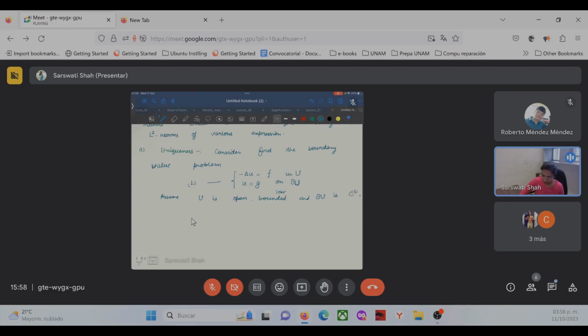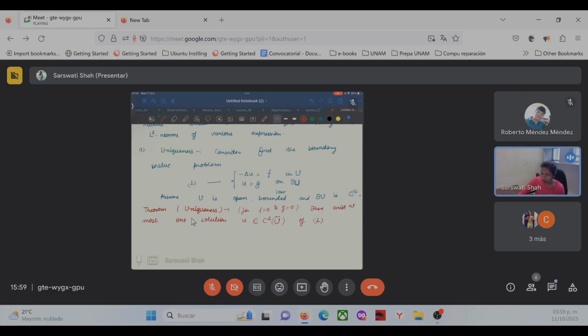So, first comes the theorem of uniqueness. For f equals to 0 and g equals to 0, there exists at most one solution u belongs to C2 of u bar.